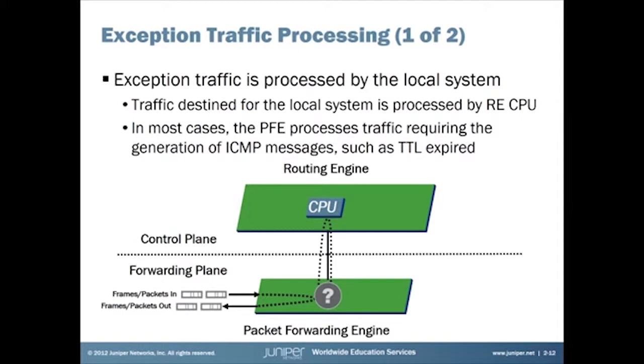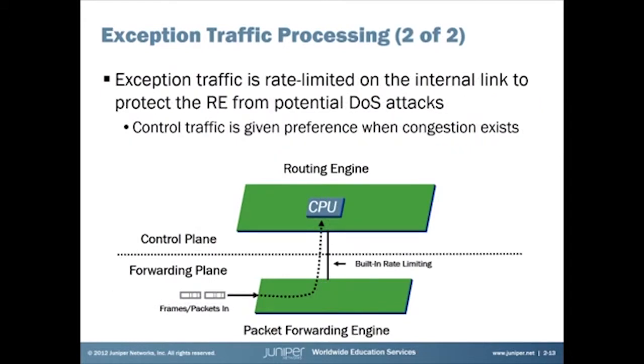Sometimes when you've got to generate an ICMP message, it'll be done up from the routing engine as well, like a ping, or some kind of destination unreachable message, something along those lines. TTL expired is an example of that. Exception traffic is rate limited on the internal link to protect from DoS attacks.